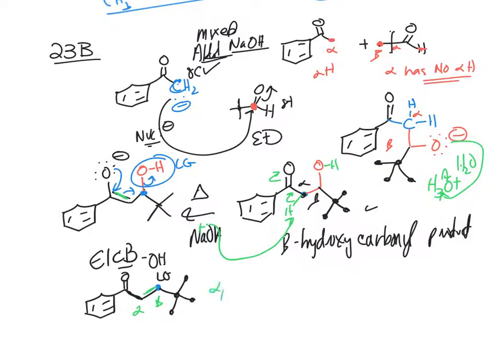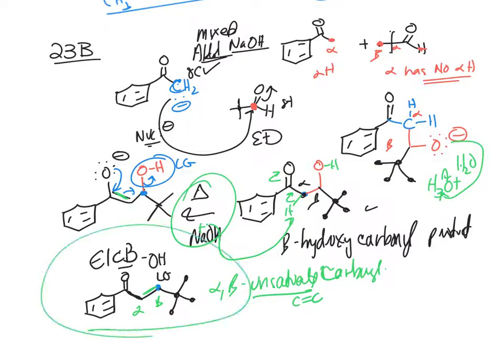You have an alpha, beta, unsaturated. Unsaturated means carbon-carbon double bond, carbonyl. Okay, so when you add heat, that is your predominant product for the aldol condensation. And that is a mechanism E1CB.